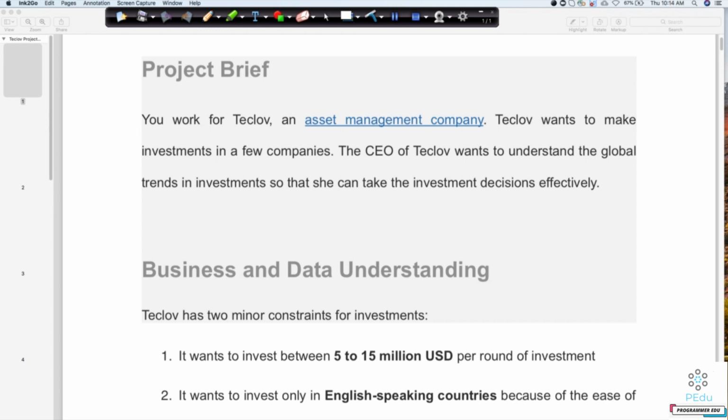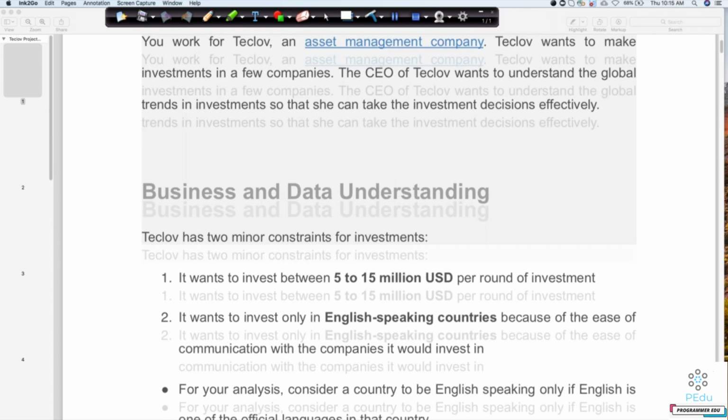So Teclov wants to make some investment in a few companies, and the CEO of Teclov wants to understand the global trend in investments so that she can take the investment decisions effectively. That's the idea behind it. They don't want to randomly go and put their money on some company. They definitely want to follow some strategy before they put their own money on it.